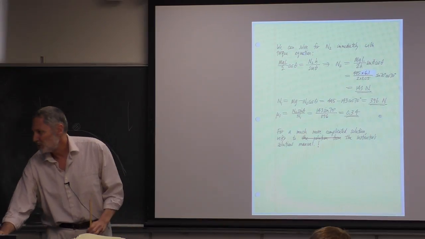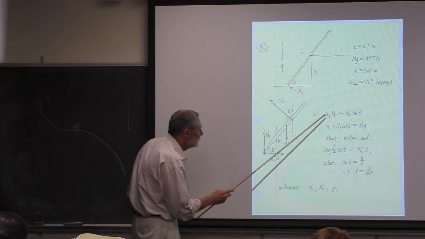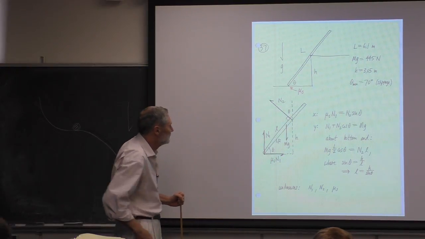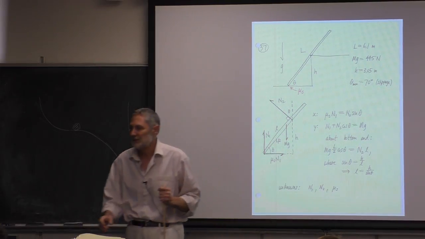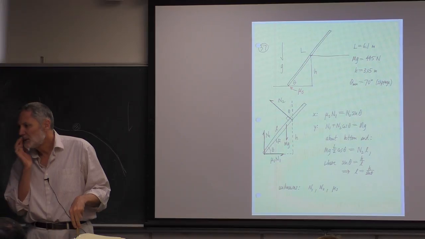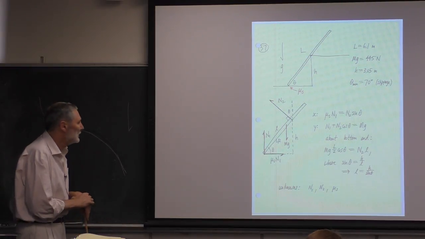Okay, so we've got our three equations here and three unknowns. And what we want to find is the coefficient of static friction. So what can we do here? What do you see?